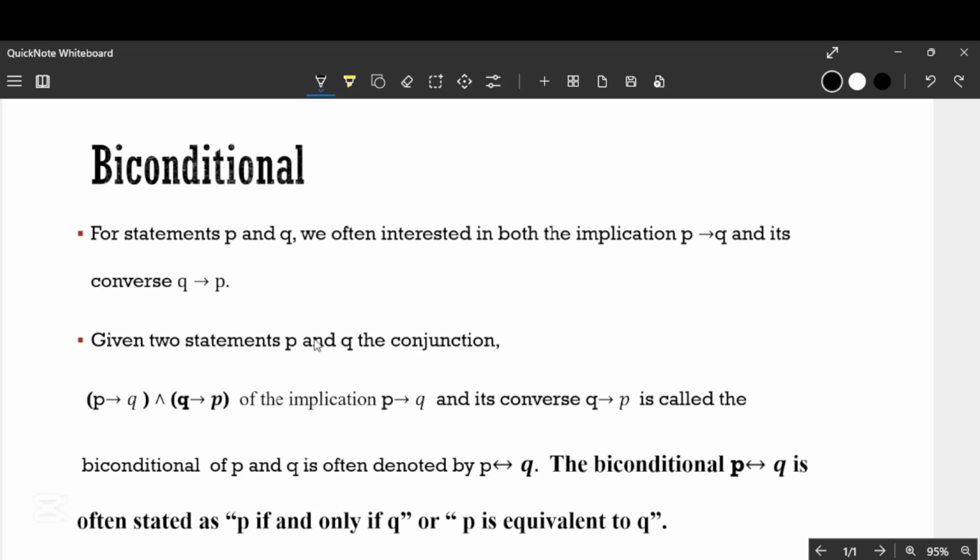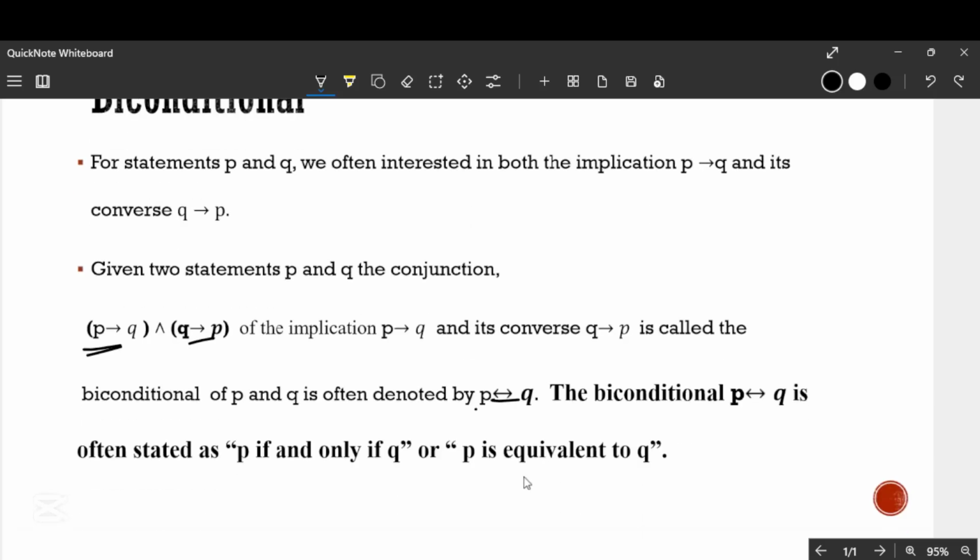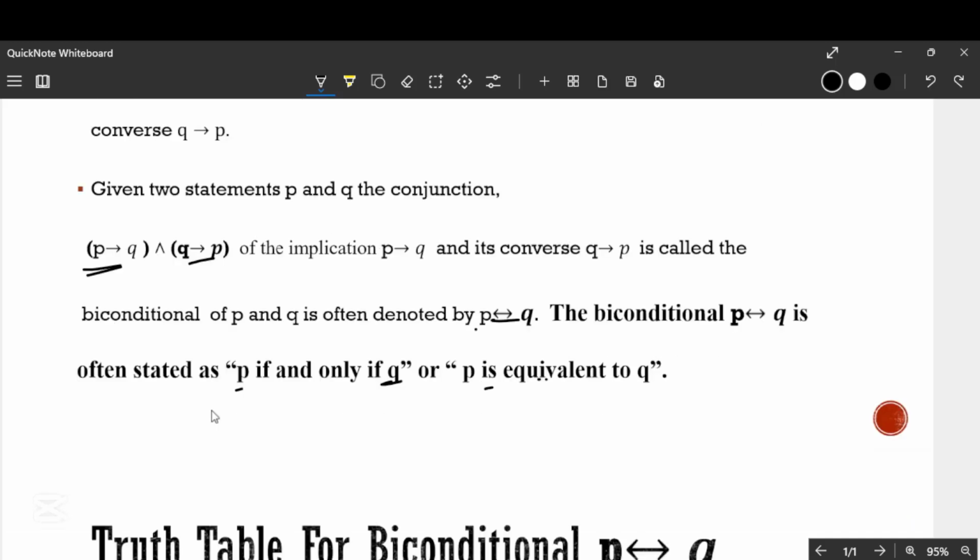So given two statements P and Q, the conjunction of the implication and its converse is called the biconditional of P and Q. It is often stated as P if and only if Q, or P is equivalent to Q.